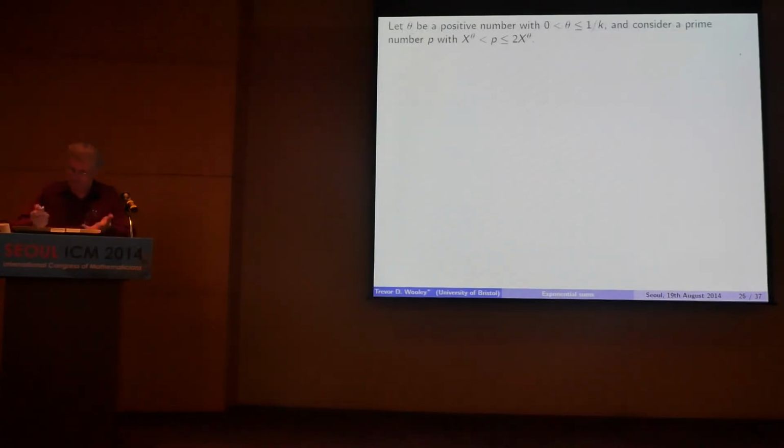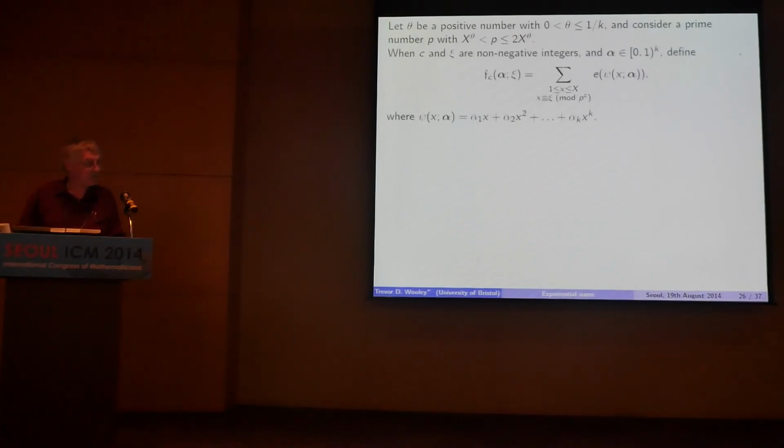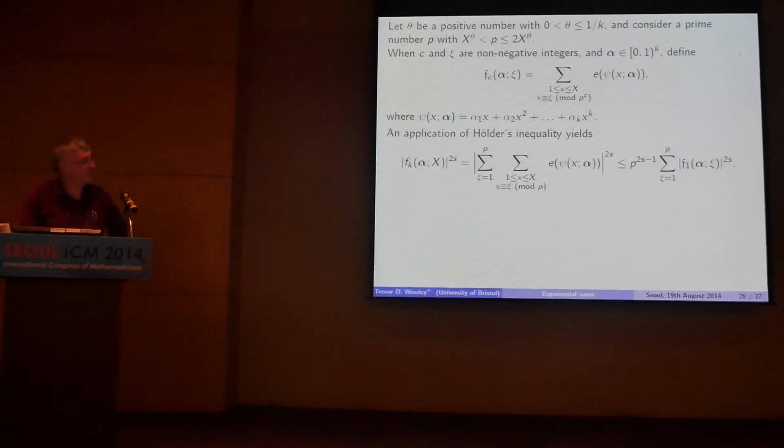Now I'm going to be relatively rapid fire and draw your attention in a moment to an important feature. The basic setup is you want to choose an auxiliary prime. It's a small power of x. You might think of it as being something like x to the 1 over k for now. And you break up your variables into arithmetic progressions modulo powers of this prime. So initially, we're going to break up the exponential sum into arithmetic progressions mod p.